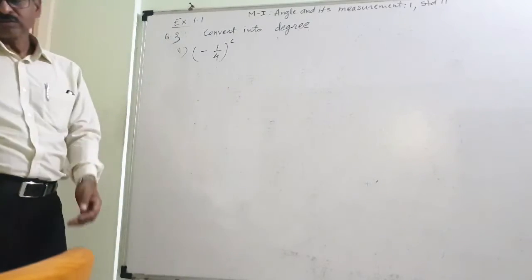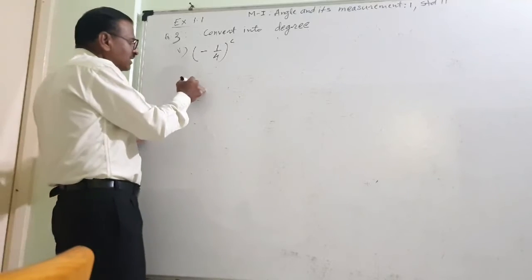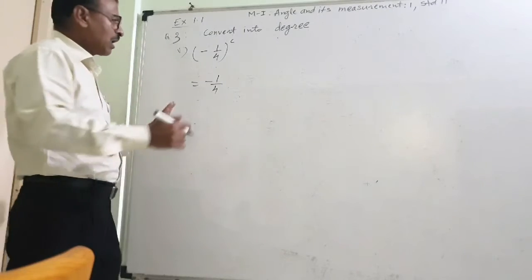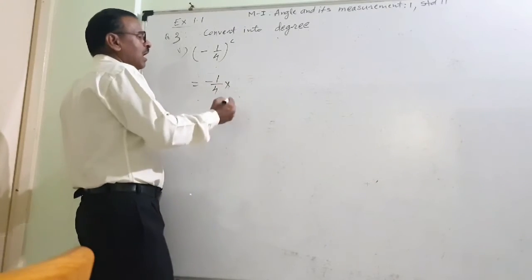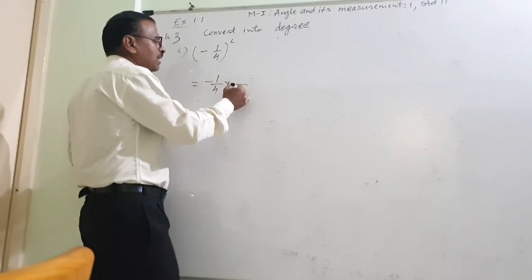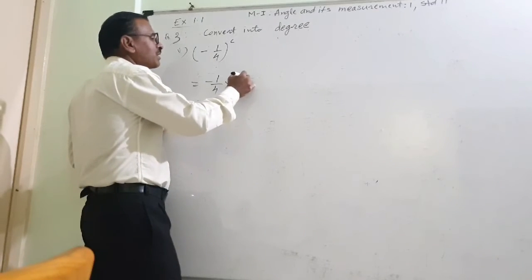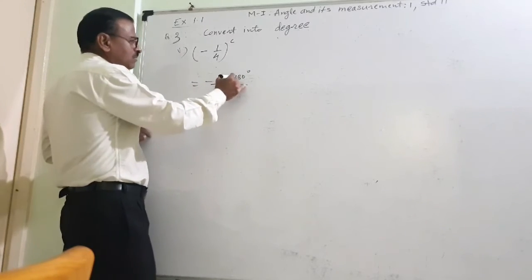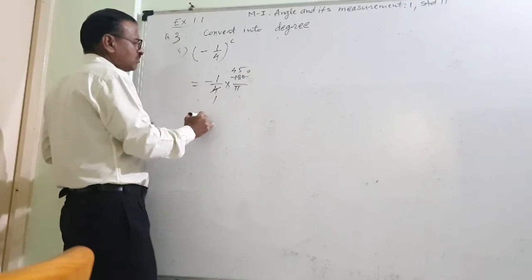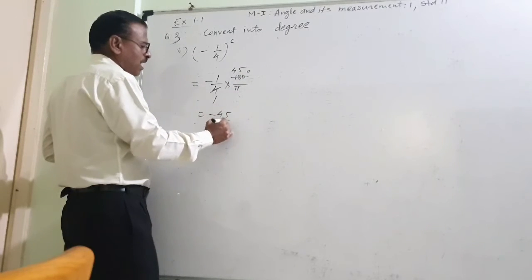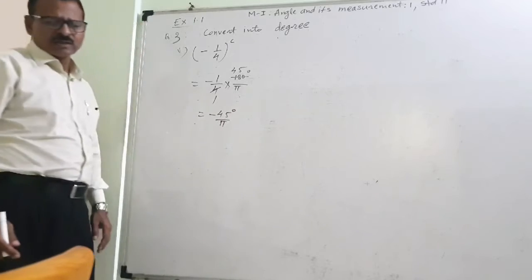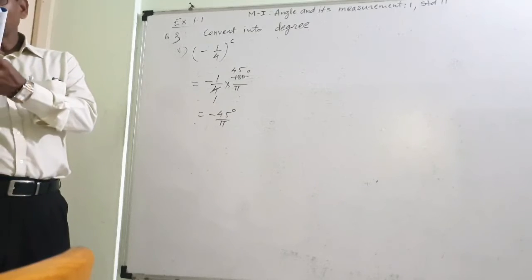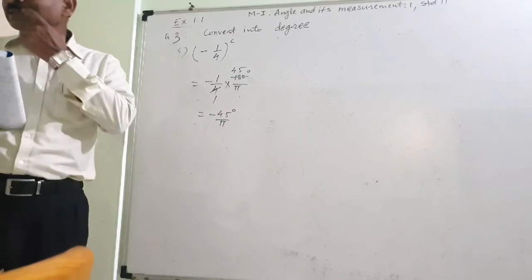To convert into degree, this is equal to minus 1 upon 4. Our rule is I want to have pi here and 180 here, then it will be in degrees. So 4 ones are 4, 4 fours are 16, so this will be minus 45 upon pi degree. That's all. And what is the value of pi? 22 upon 7. If you want to convert, you can convert. Otherwise, let it be. That is the final answer.